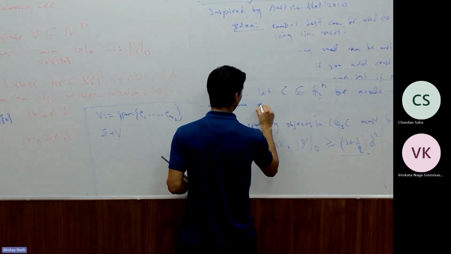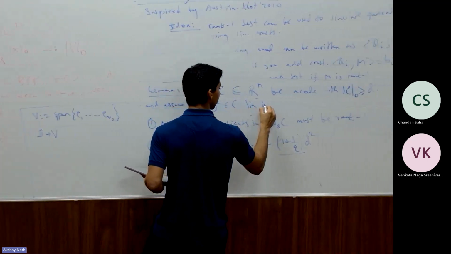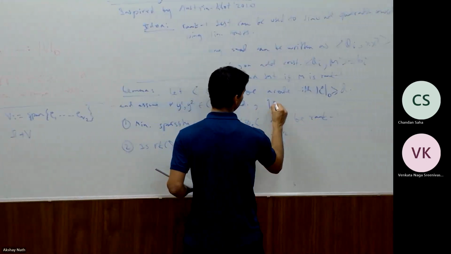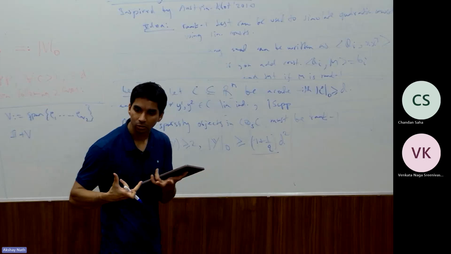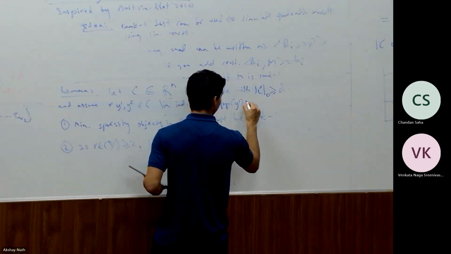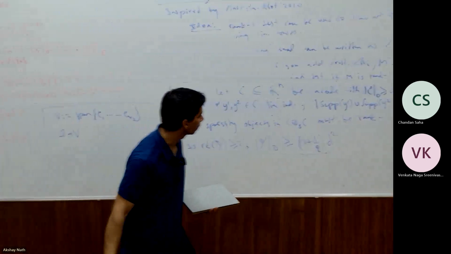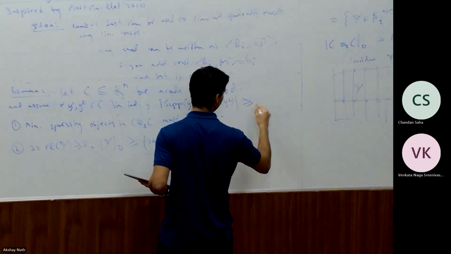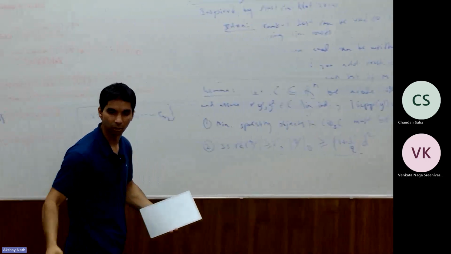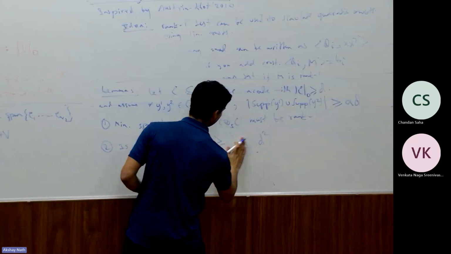For all y1, y2 in C that are linearly independent, their supports cannot overlap too much. More formally, when we take the union of supports of y1 and y2, the size is at least alpha d for some constant alpha greater than 1. Whatever alpha you put here is the alpha you get here.